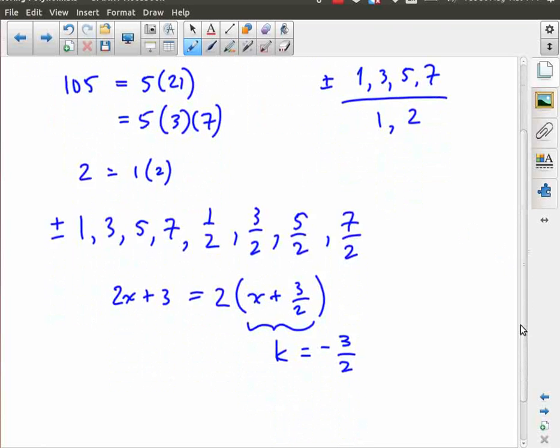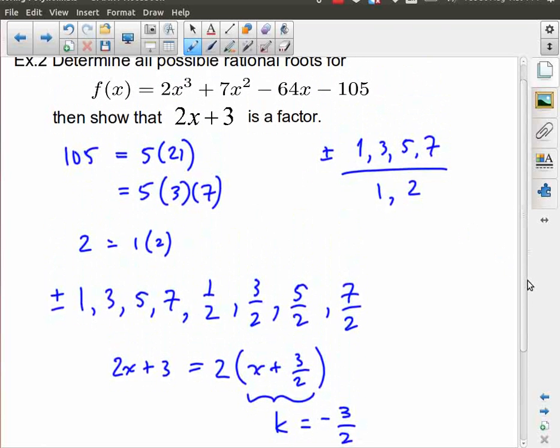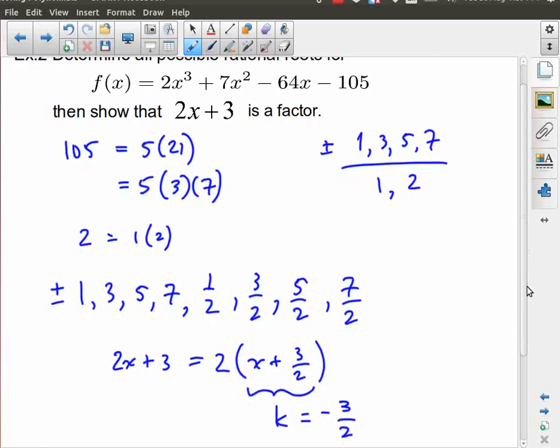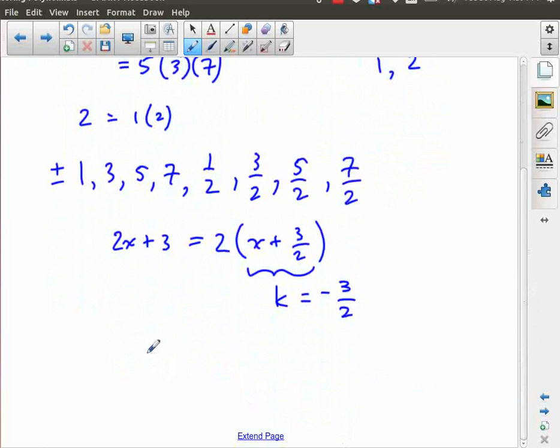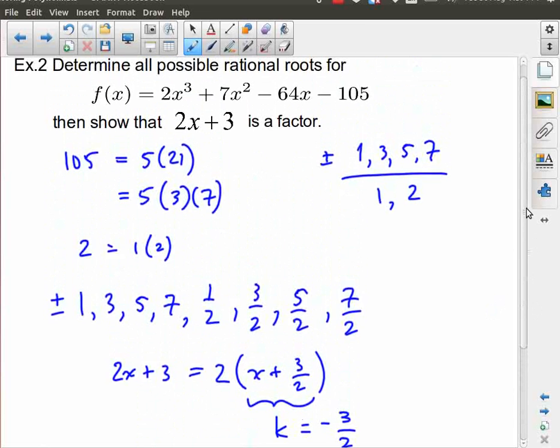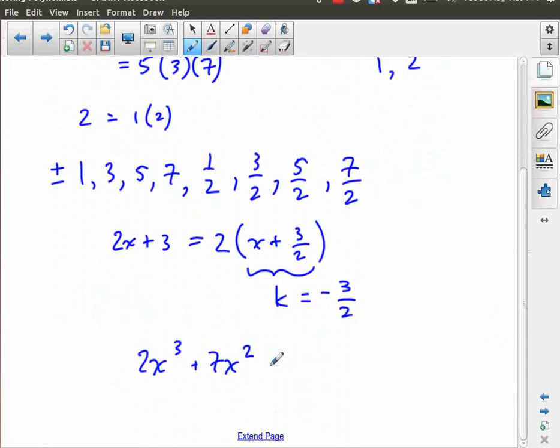So I'm just going to rewrite that. 2x cubed plus 7x squared minus 64x minus 105. That is f of x.